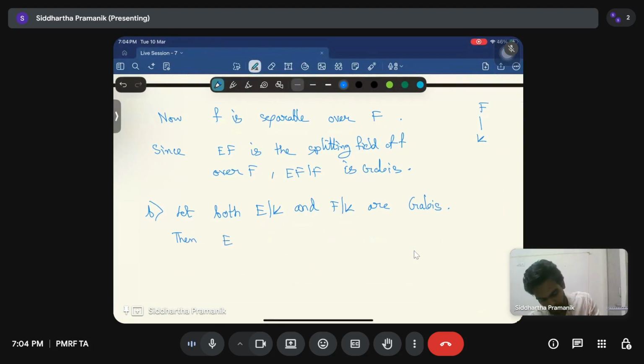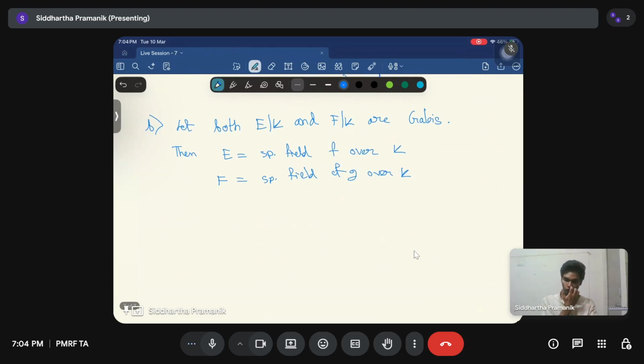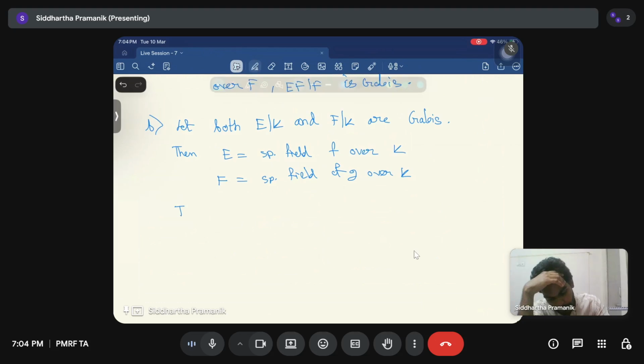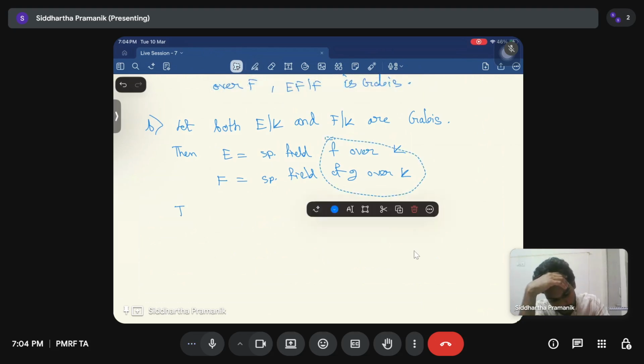So then E is equal to some splitting field of, let's say, f over K, and F is the splitting field of g over K. Then f and g are separable. That also we need to assume.